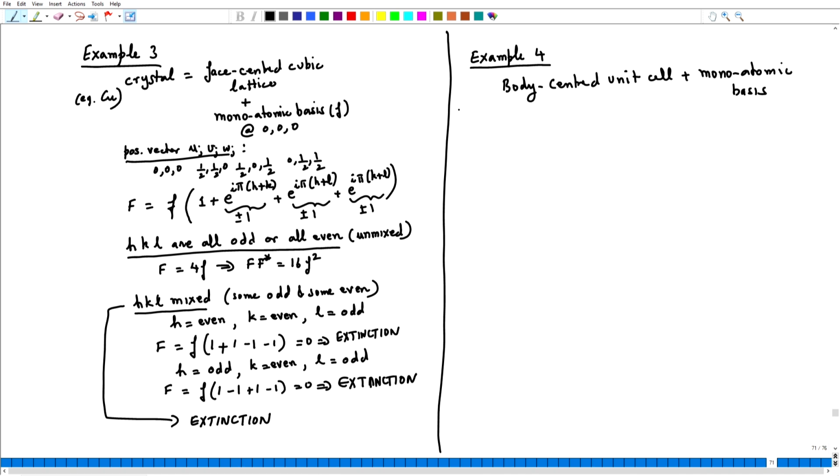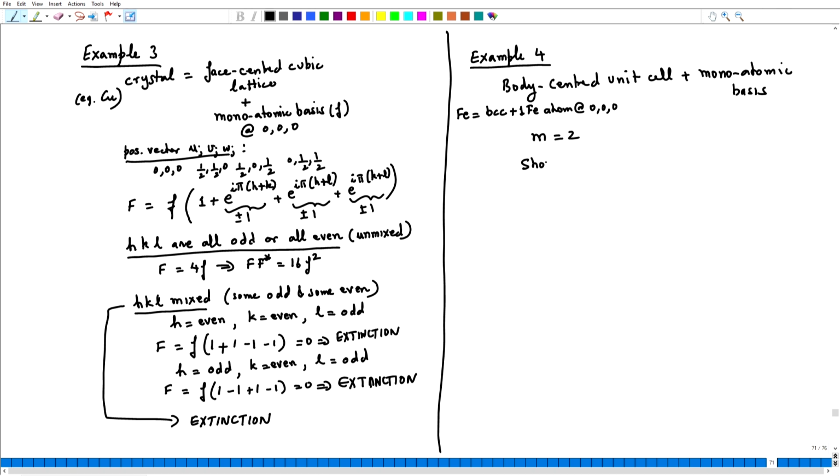An example of this could be iron, which has a body centered cubic crystal with one iron atom at 0, 0, 0. So, which means that I will have iron atoms at the corners of the cubic cell and one iron atom at the body centered position, and therefore, the number of atoms present or value of m would be 2. Now, I leave this as a problem for you to solve.